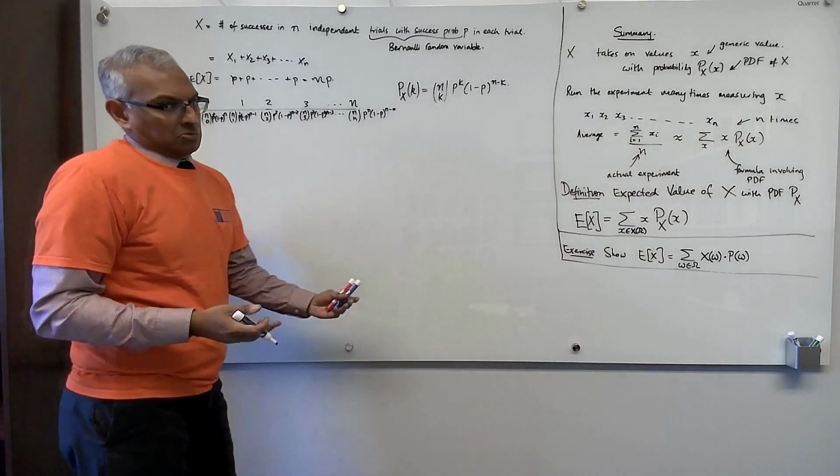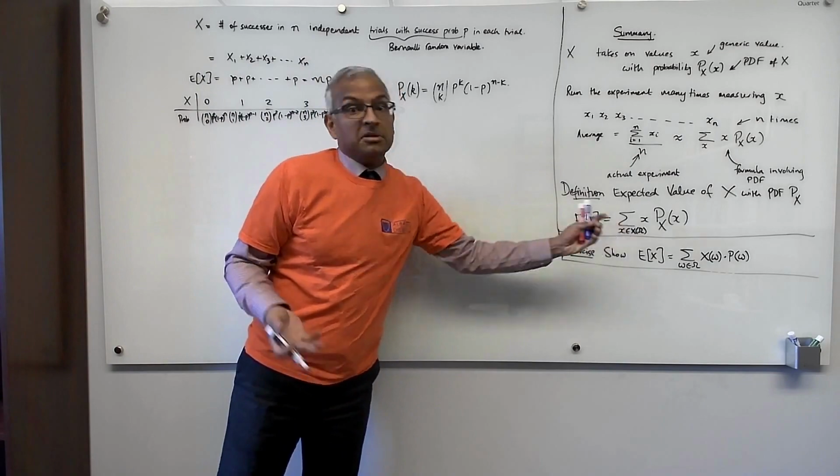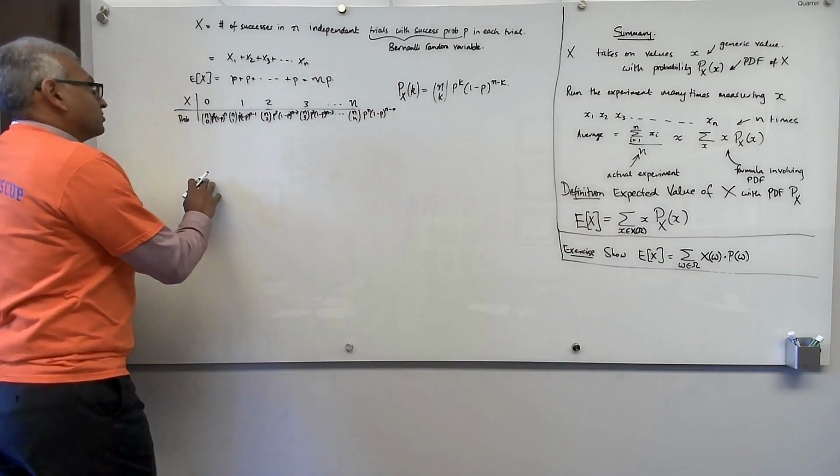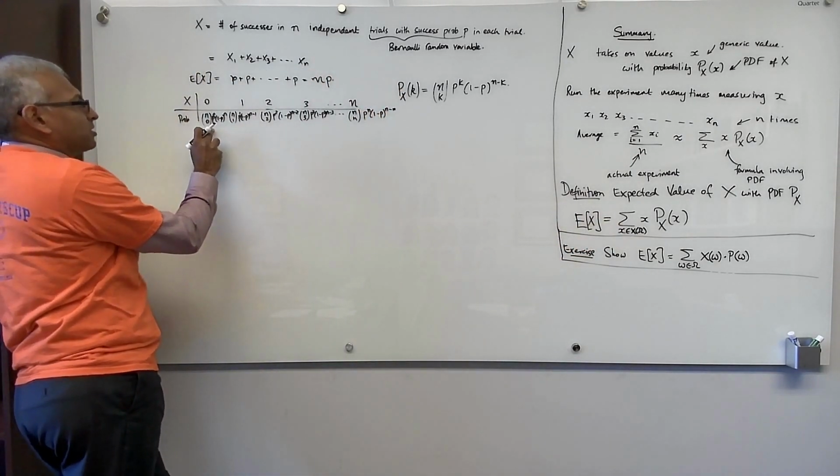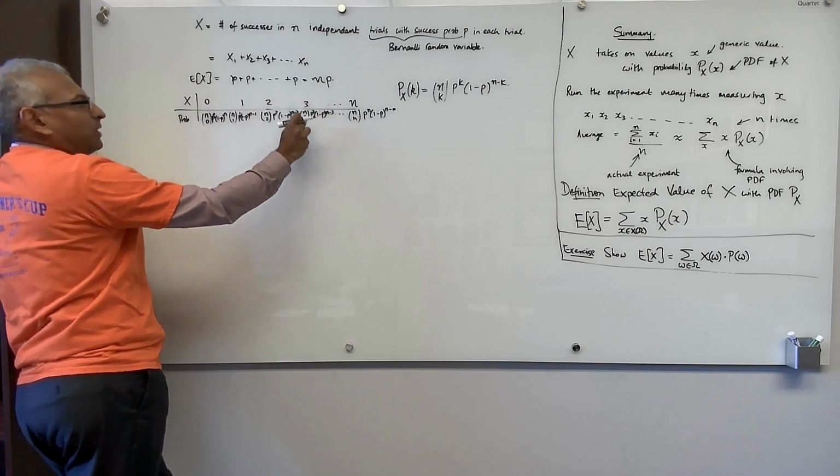Okay, so sometimes this sum is a complicated sum. Oh well. Okay, so we weight this by the probability, weight this by the probability, weight, and then add.